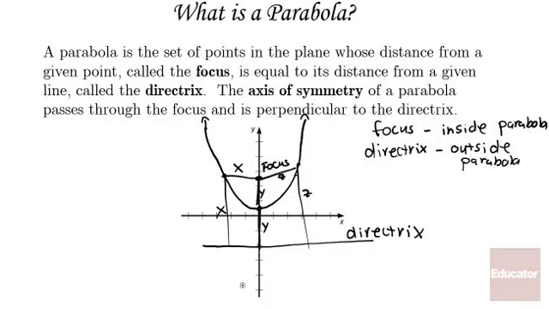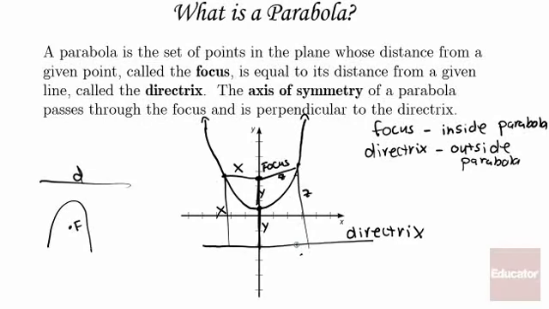So you could have a parabola facing downward, and then it would have a focus here and directrix up here. We're also going to talk today about parabolas that face to the left and right, horizontal parabolas. But right now, for this discussion, we're going to stick with the vertical ones. And the definition being that every point in the parabola is equal distance between the focus and the directrix.